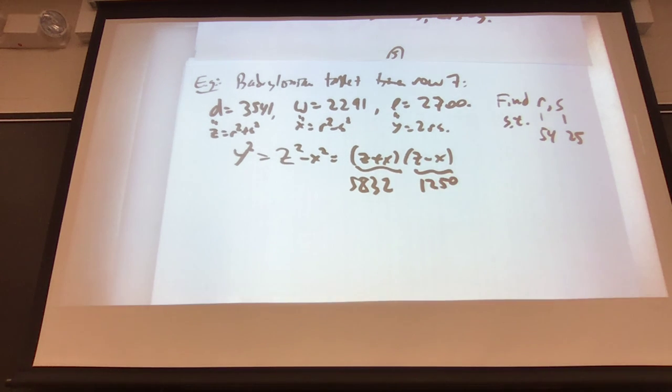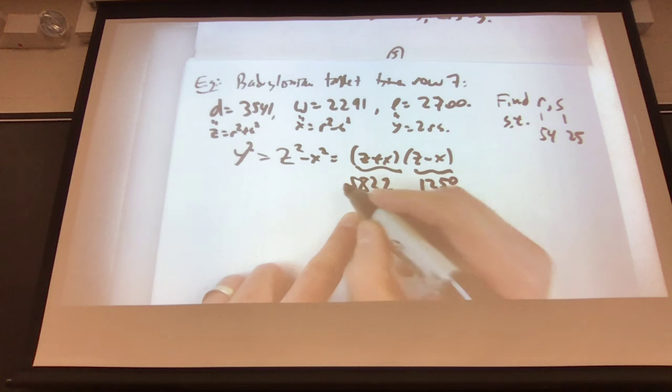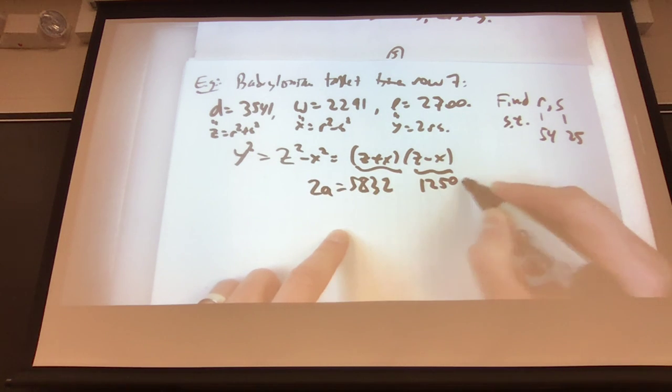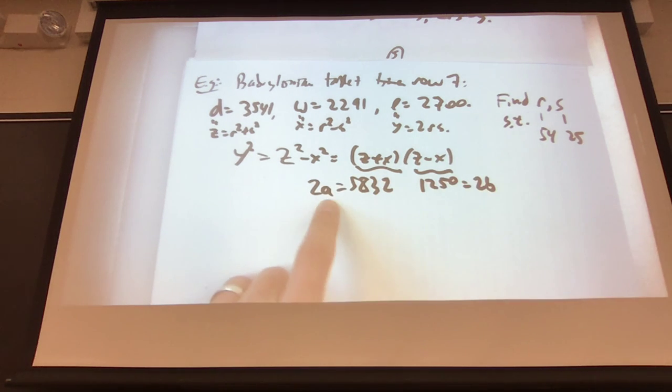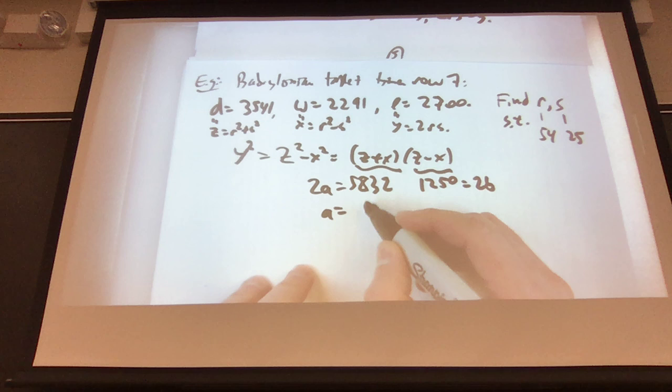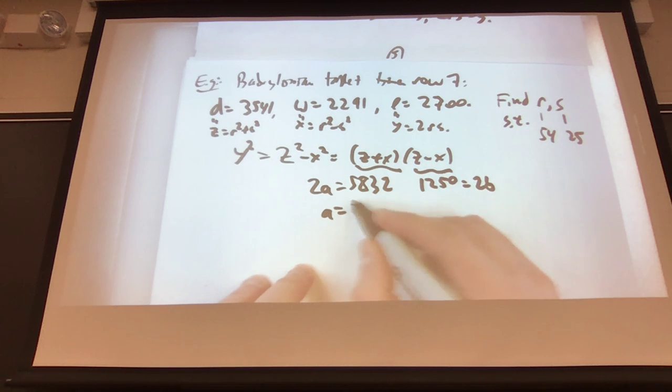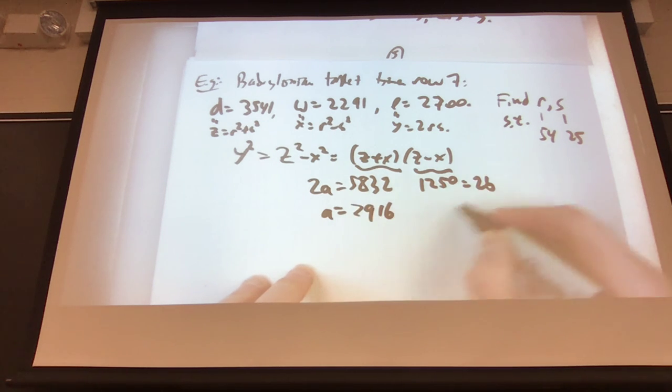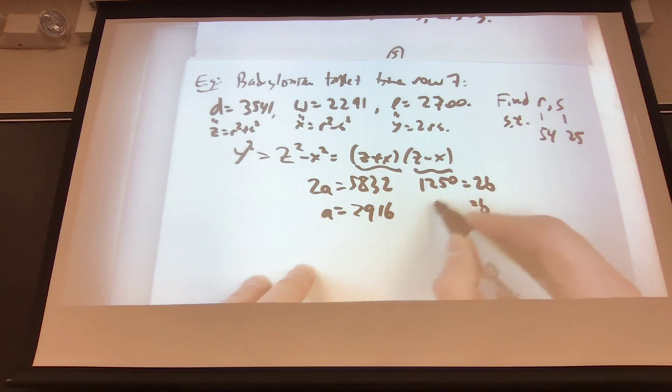1250. So remember our proof, this number is supposed to be twice a, and this number is supposed to be twice b, but a and b are supposed to be perfect squares. So what is half of this number? Half of 58, 29, half of 32, 16. And what about b? Half of 1250, half of 12 is 6, half of this, that's that.